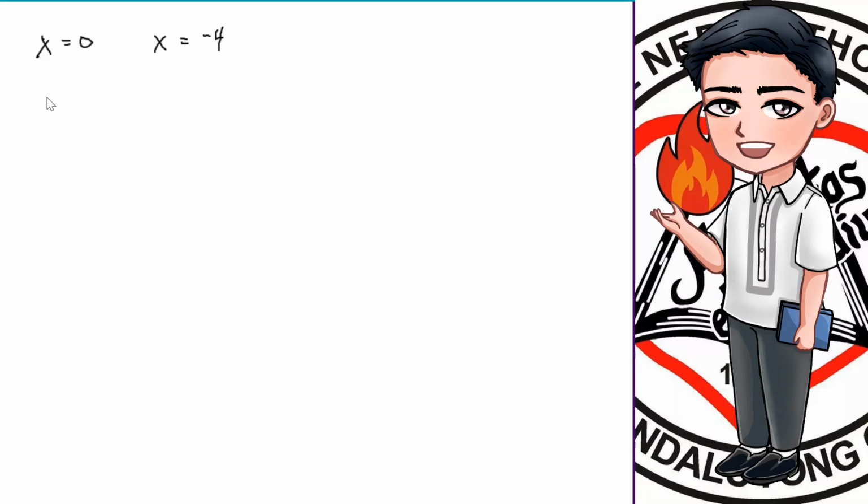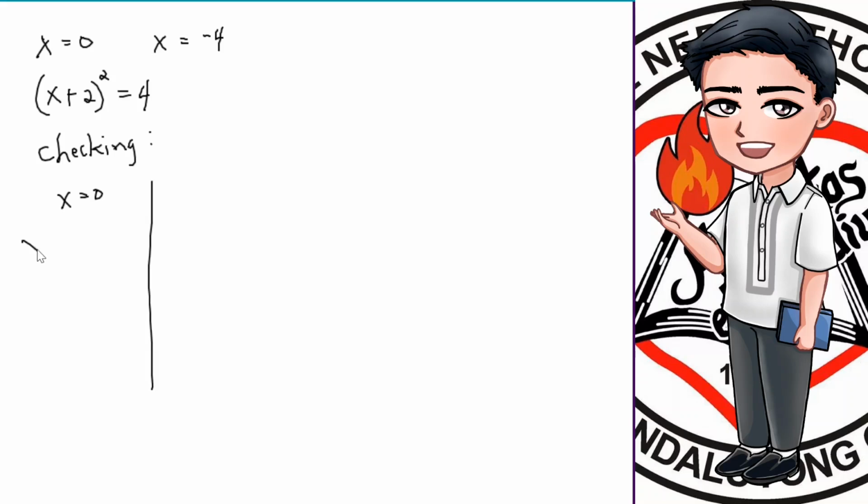And our quadratic equation is (x + 2)² = 4. Now, let us check whether it is correct or wrong. So using x = 0, (x + 2)² = 4.